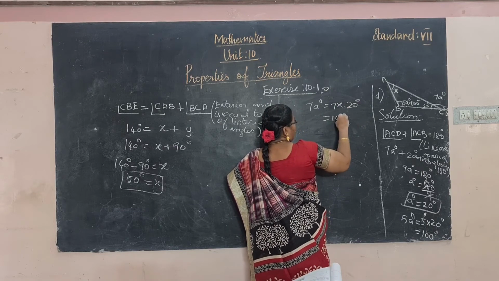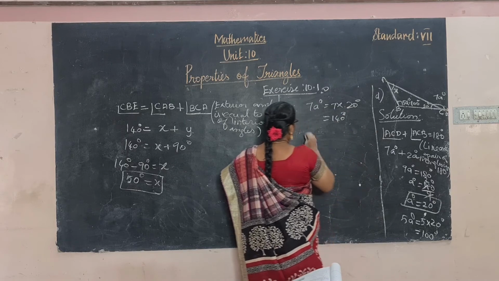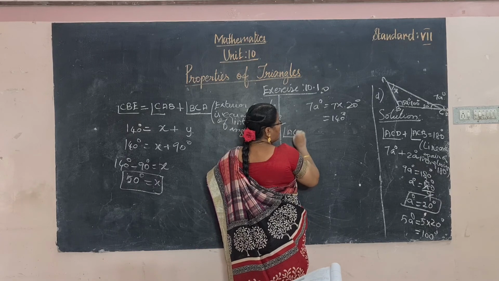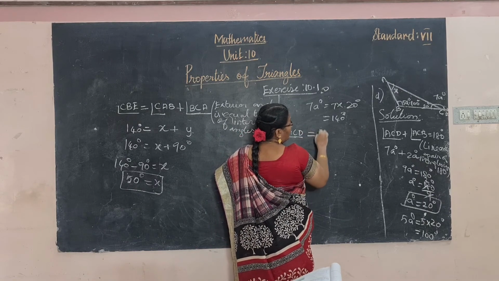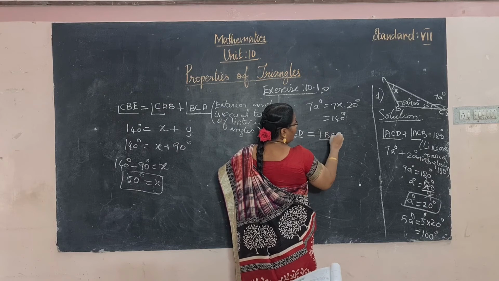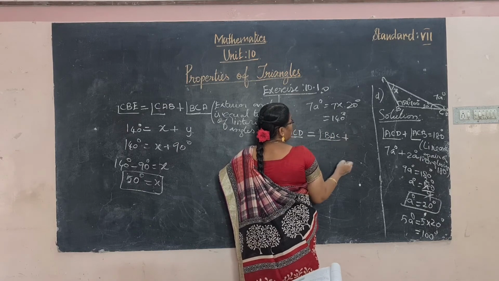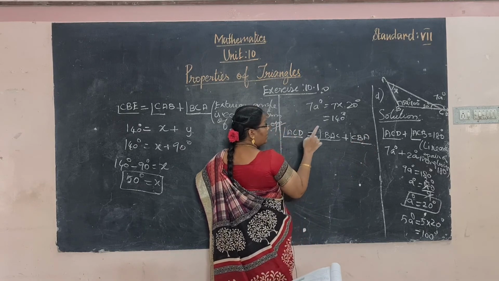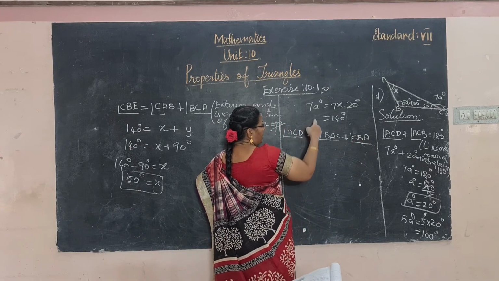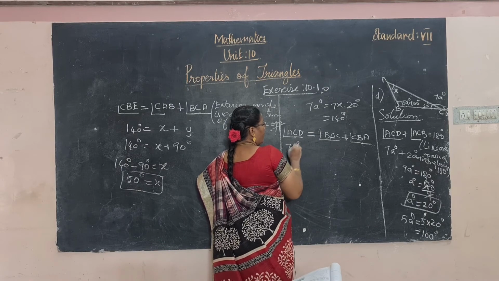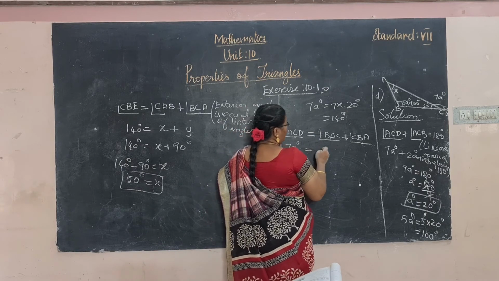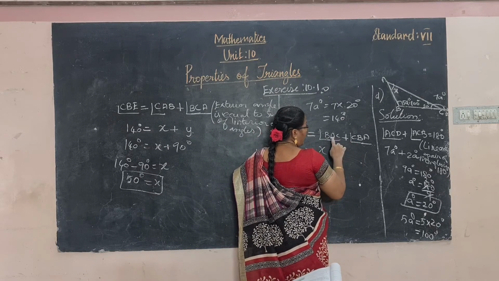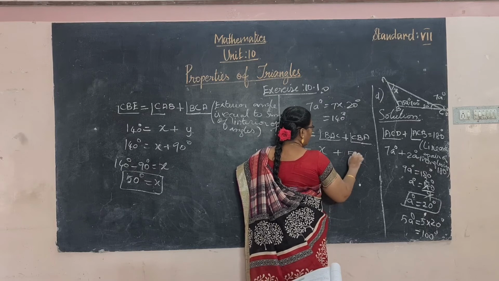Now, using the exterior angle property, angle ACD is equal to angle BAC plus angle CBA. Angle CDA value is 7A. Here the angle at B is X, and the angle at A is 5A degree.